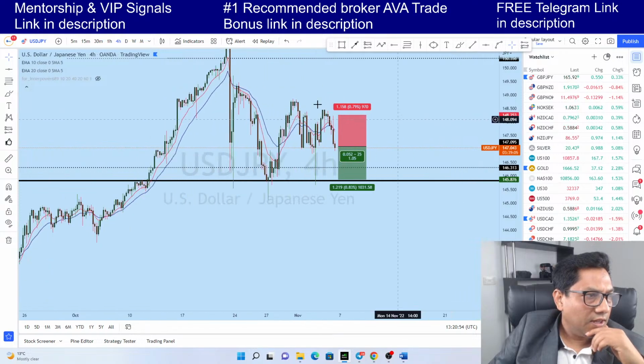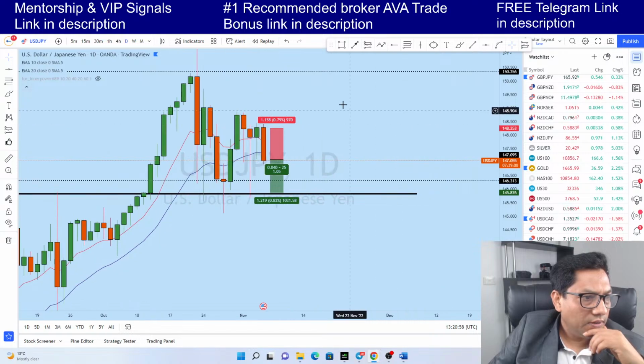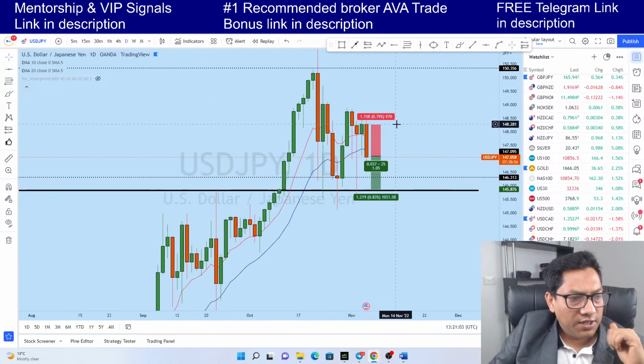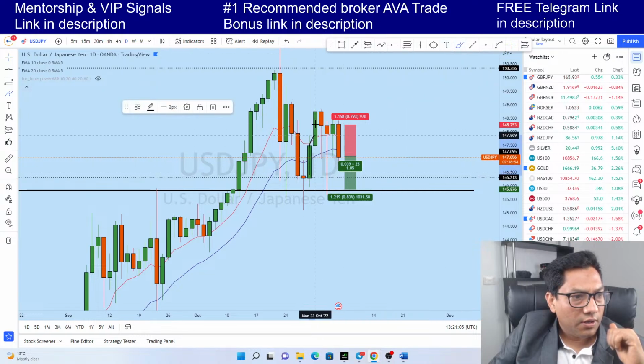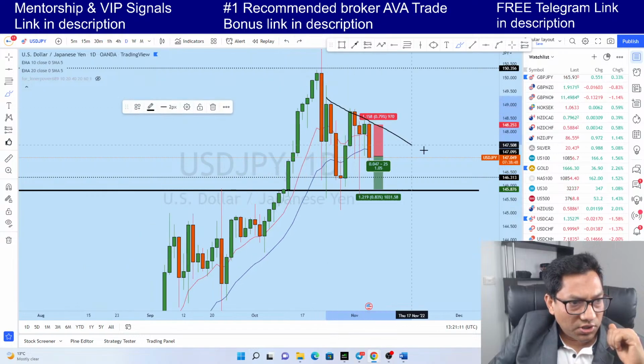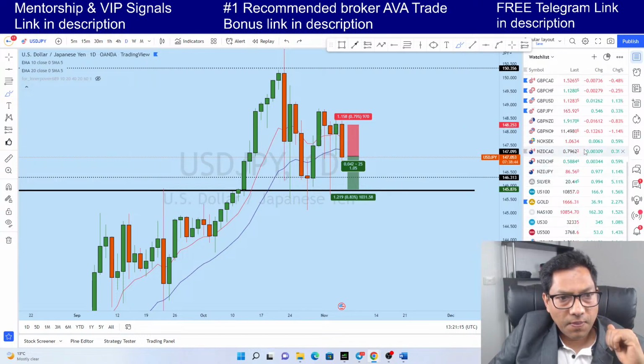What I think is that if you look at the daily on dollar yen, it looks like it is creating a double top here. Okay, and then I think this price will come back down a little further. The price couldn't break this resistance, meaning we could see some move to the downside.